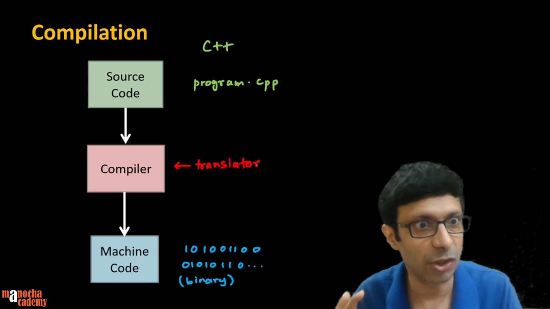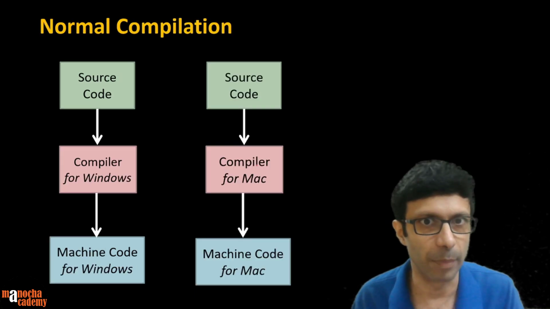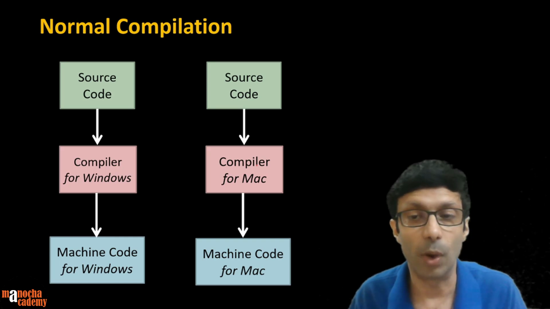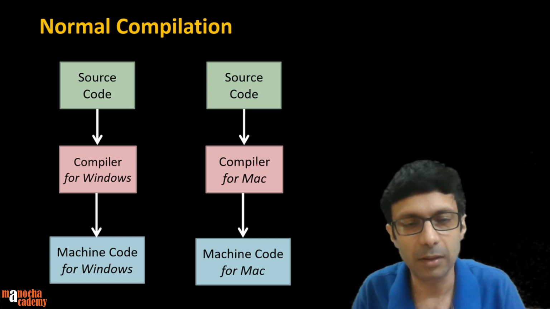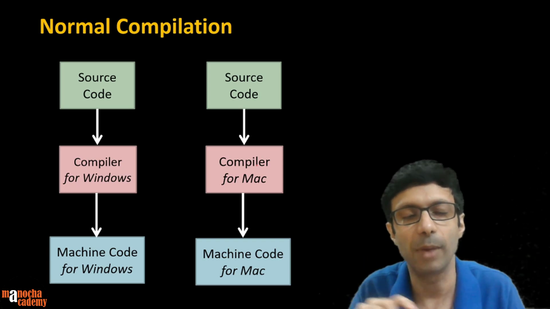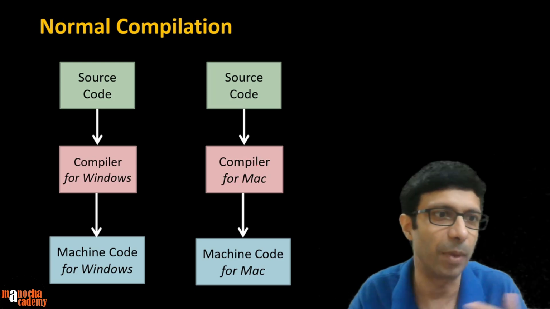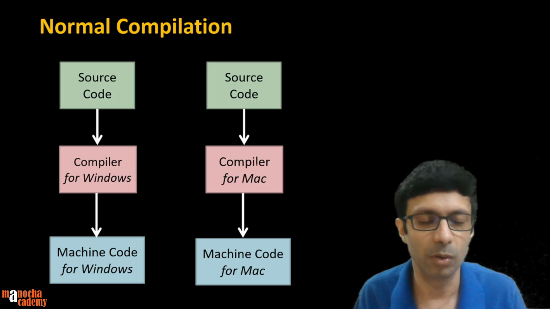It's something like Java, and I'm going to discuss that. So this is what happens in normal compilation. When you take some source code, one shot means the entire code is taken and translated. It's not done line by line. It takes the entire program that you have written and compiles it into binary code.